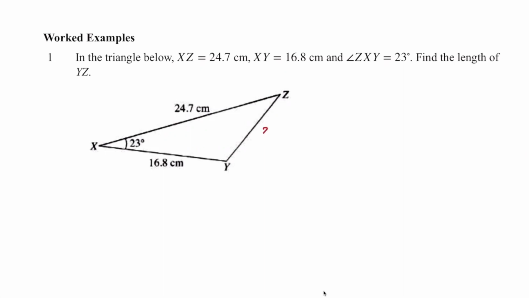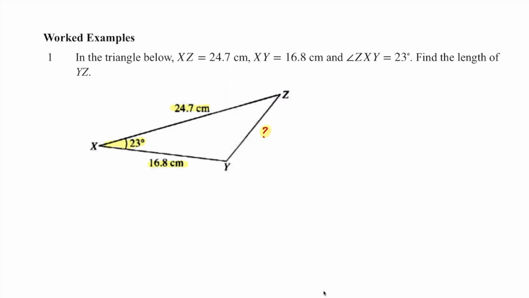So the question wants you to find this, and they gave you two other sides and one angle. So when do you use cosine rule? When you see that there are three sides, one angle, whatever I just highlighted. There's no way you can use sine rule here because you have not enough information to use sine rule. Sine rule needs two sides, two angles.